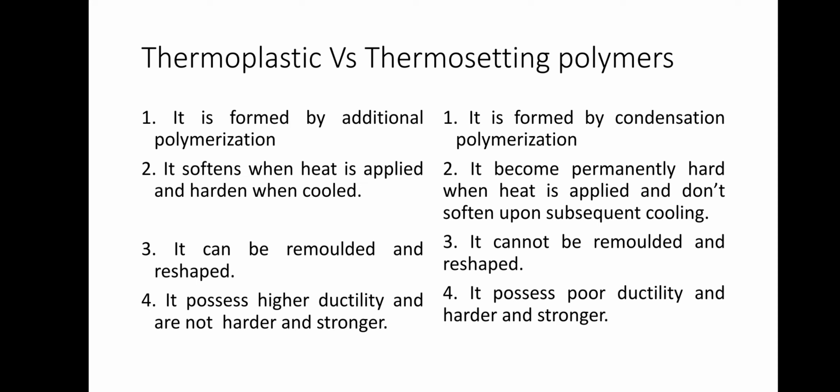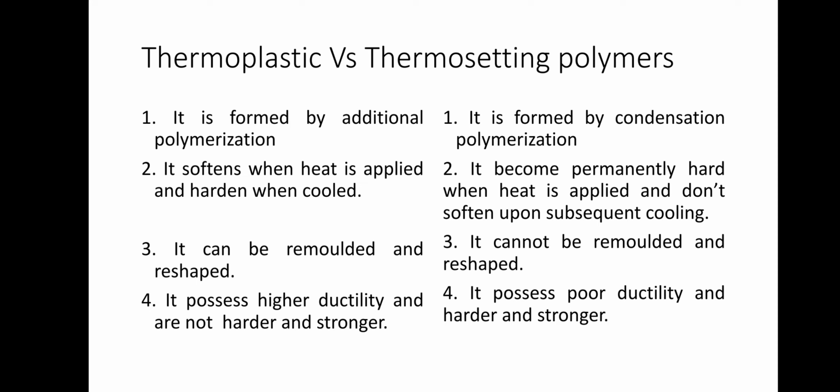Thermoplastic polymers are formed by addition polymerization, whereas thermosetting polymers are formed by condensation polymerization. Thermoplastic polymers soften when heat is applied and harden when cooled. But thermosetting polymers become permanently hard when heat is applied and do not soften upon subsequent heating. Once set, they will not regain their original shape.